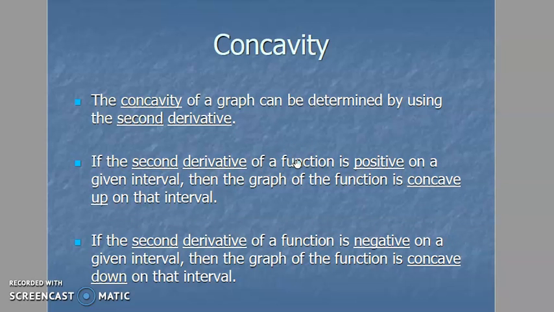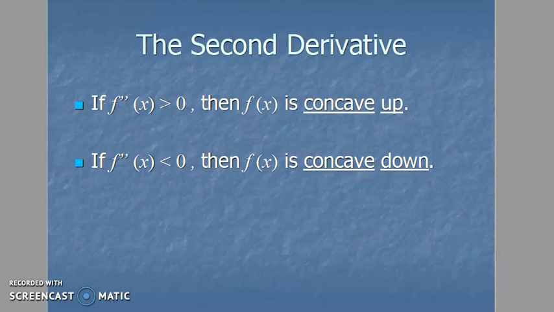Similarly, concave down will have decreasing slopes, so the second derivative will be negative. If the second derivative is negative on the given interval, then the graph is concave down on that interval. This is how you find the intervals where the graph is concave up and concave down. If f double dash of x is greater than 0, f of x is concave up, and if f double dash of x is less than 0, then f of x is concave down.